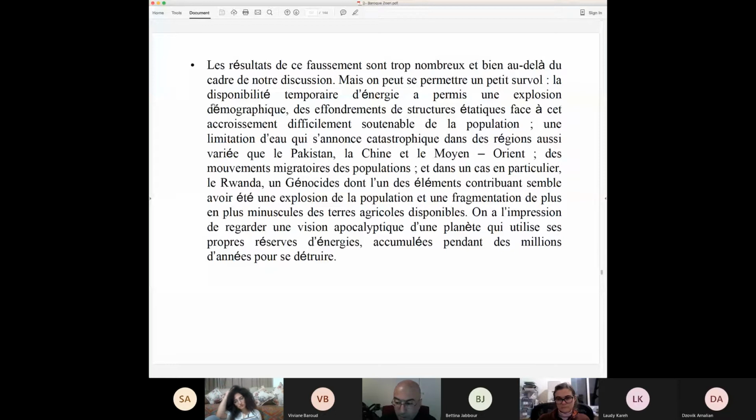So when we look at the 19th century images of Lebanon, the bucolic images, well, it was like that because they did not have oil. They did not have access to energy.